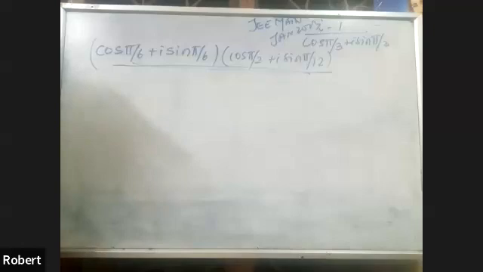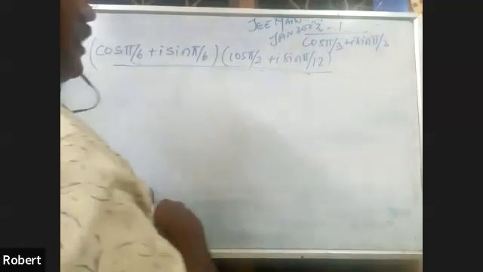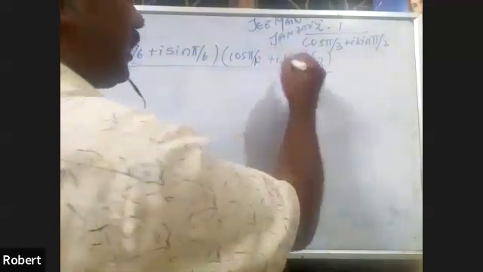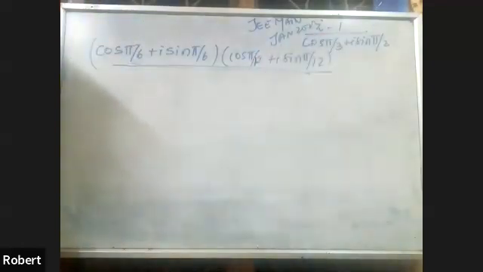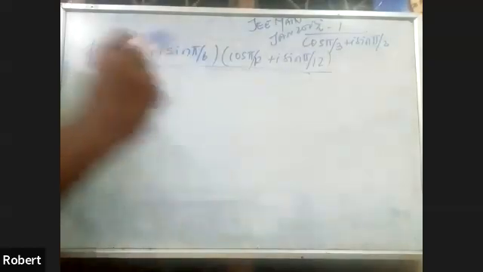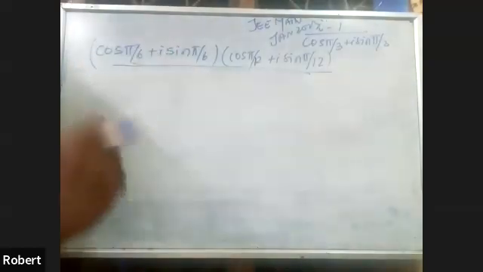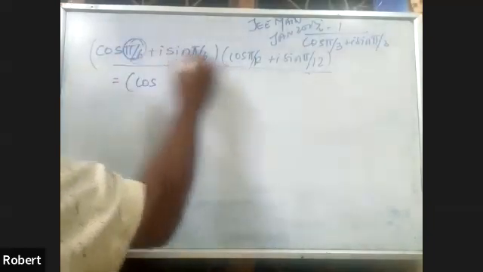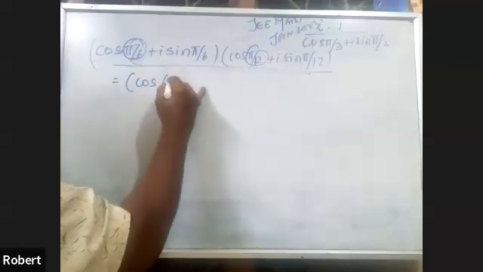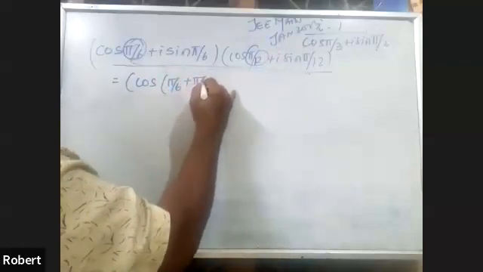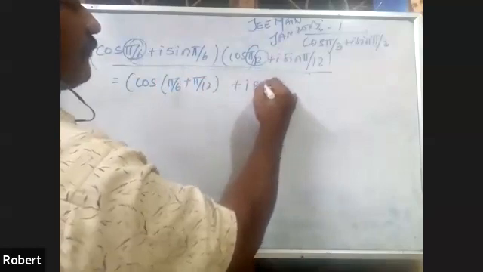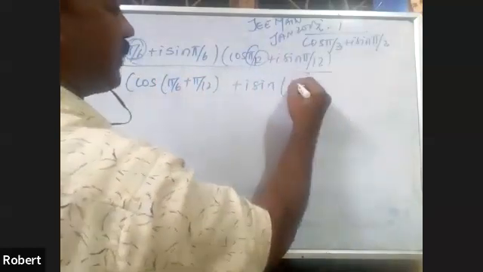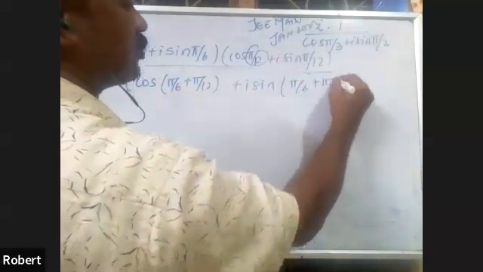Okay. Now, let us see the problem. It was given that cos pi by 6 plus I sine pi by 6 times cos pi by 12 plus I sine pi by 12. I told you in polar form, you can add the arguments. There is no magnitude, there is no modulus. So we can add the arguments. Here we have pi by 6, here we have pi by 12. Similarly, in the same fashion, we can write sine of pi by 6 plus pi by 12.